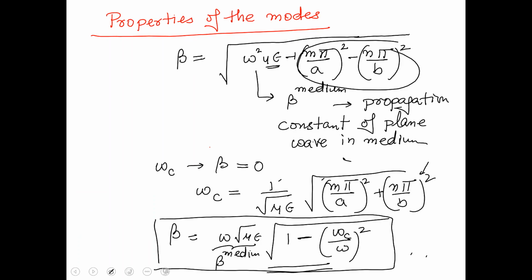If we substitute the terms from the previous equation here, you get omega by omega square root of mu epsilon times square root of 1 minus omega c by omega square.